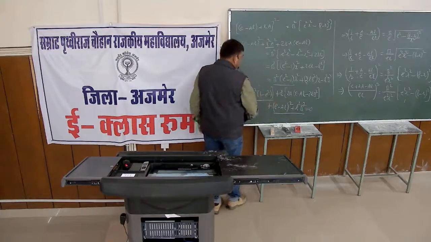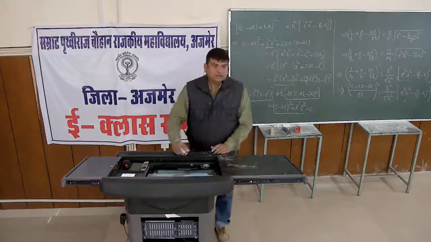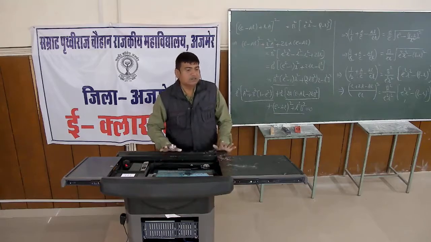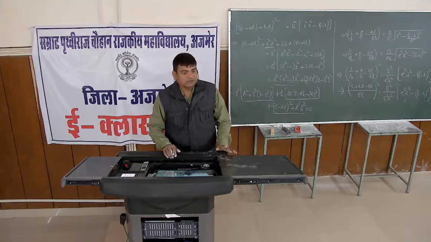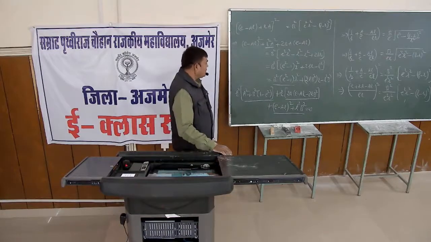Now look at this. This is the quadratic equation in terms of r. What is the condition of tangency? Roots are equal, that means b square minus 4ac. So when we apply this condition, we find the particular relationship.